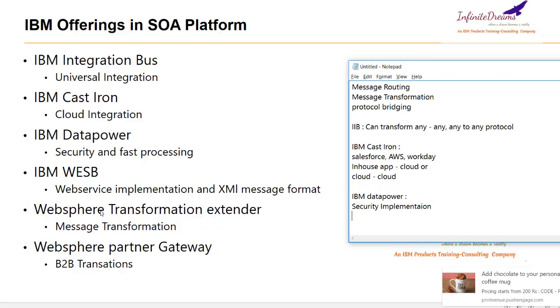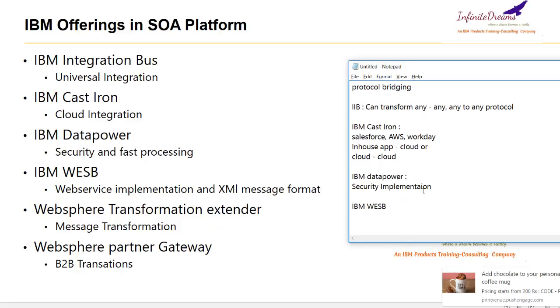Then another tool is called IBM WESB. The IBM WESB product was discontinued by IBM in 2012, but it was also an ESB, and it was mostly used whenever you are going to use XML as a message format.